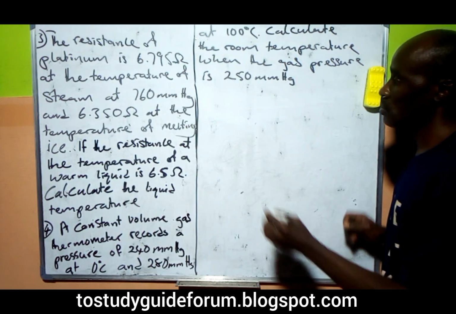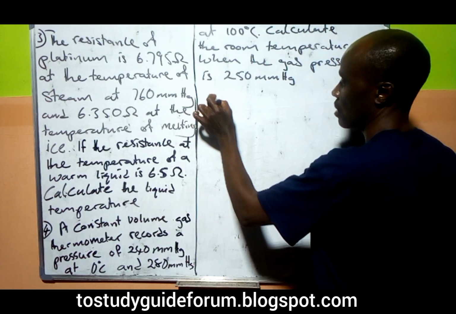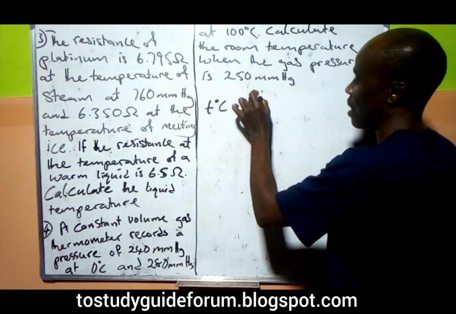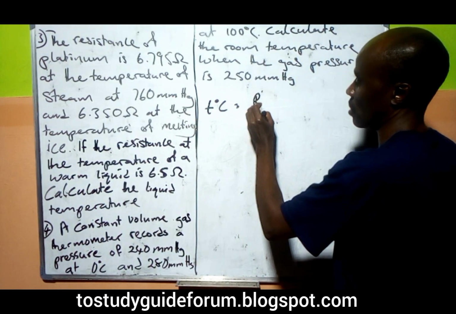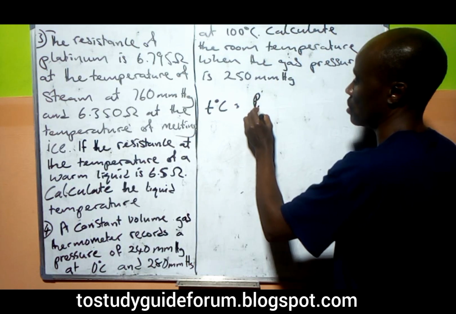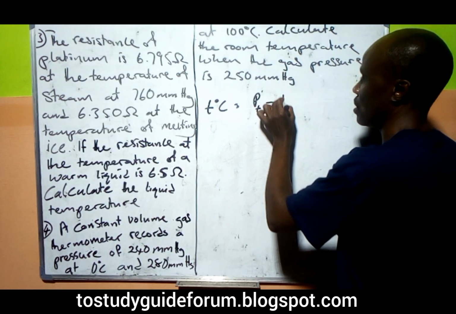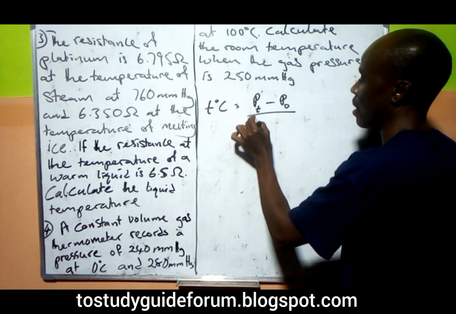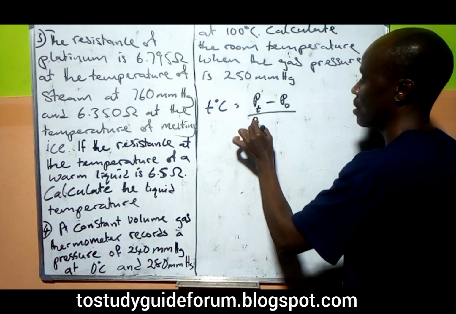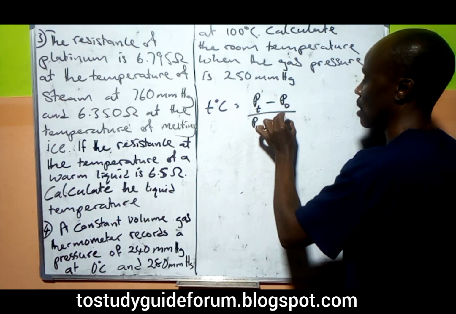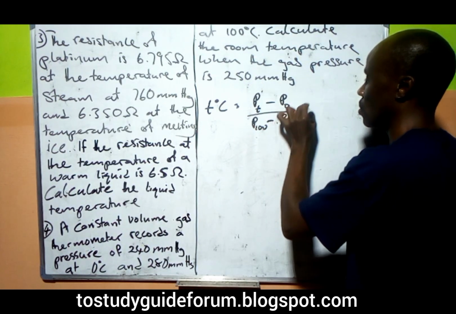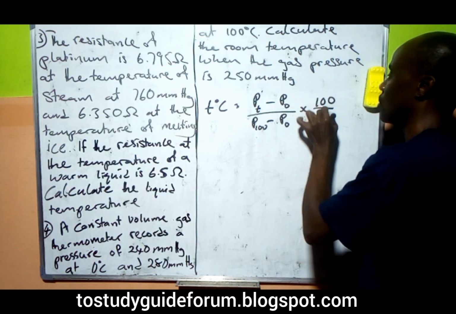So just like what we have done before, the formula seems to be the same. Here we are talking about pressure now. P at T, subtract P at 0, all over P 100 minus P 0, times 100 over 1.